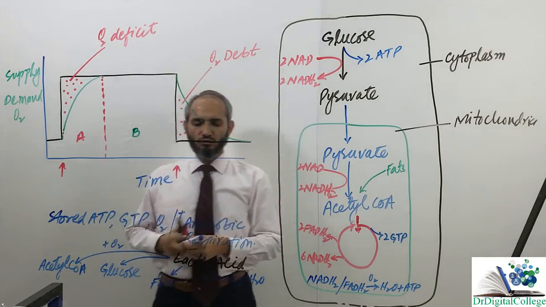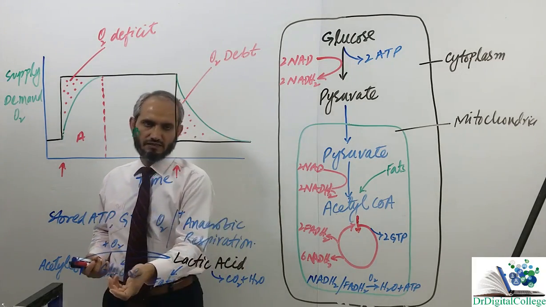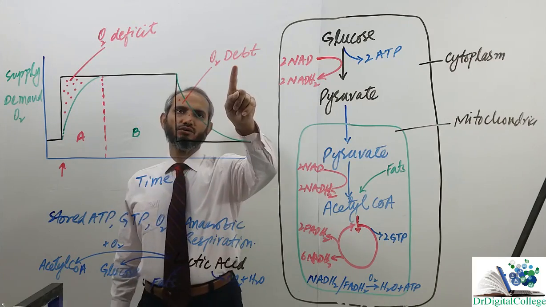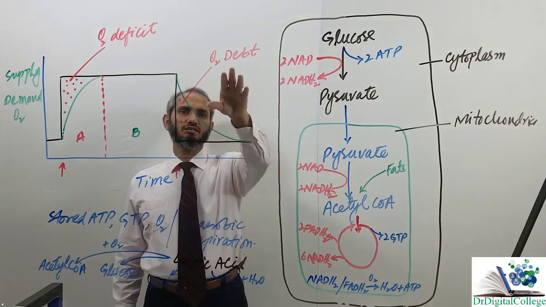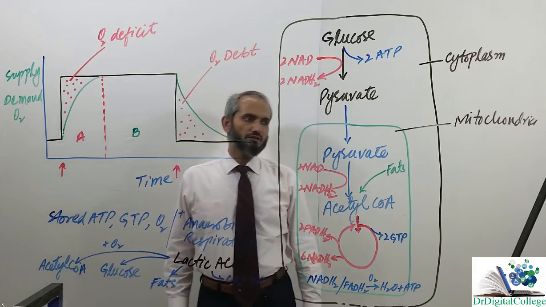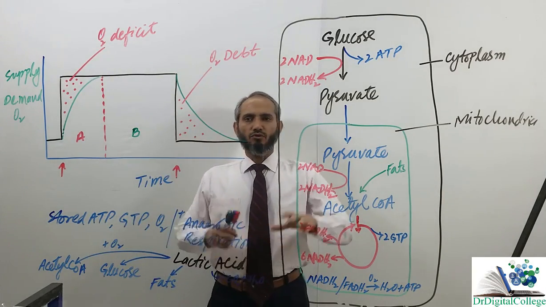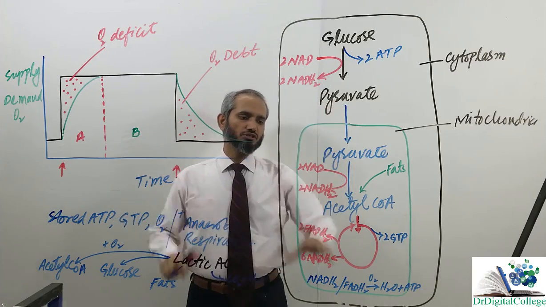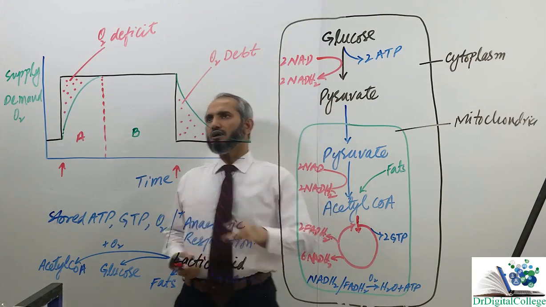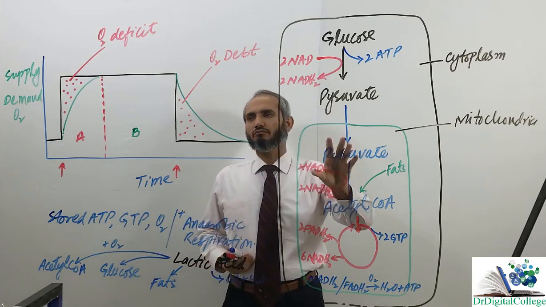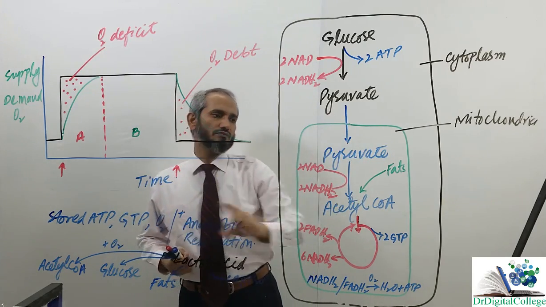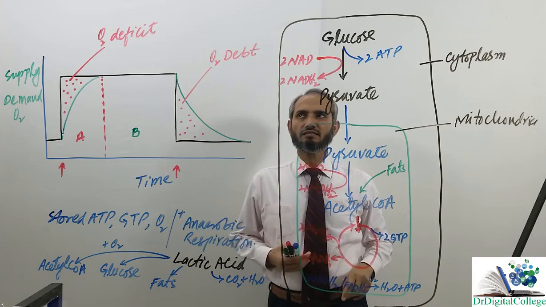Okay, and to do all these processes, there is the need of some extra oxygen, which we are taking even after exercise in the form of oxygen debt. Now, from the whole of this situation, it is clear that when we are doing stress exercise, we are not consuming fats. But when we are doing aerobics, we are consuming more of the fats.